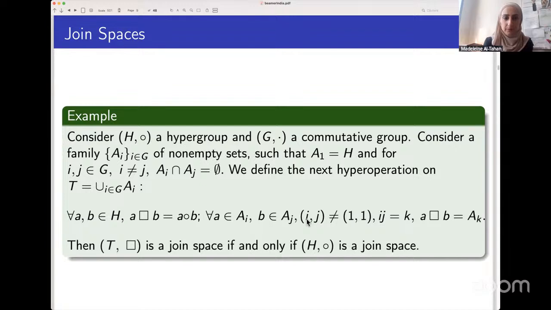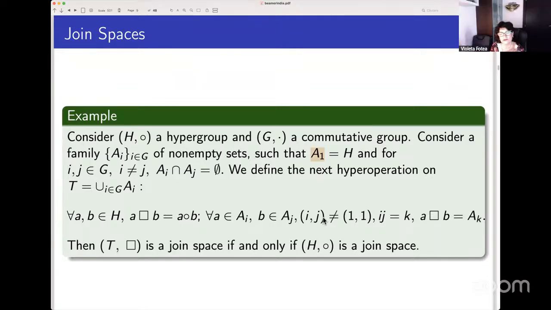If both of them are in H, you put the result, and if both of them are not in H, you put the result. But what if one of them is in H and the other is not in H? H is actually A1. Oh, okay. So it will be the same. You will use it. Yeah, I got it. Okay, so no need to write.